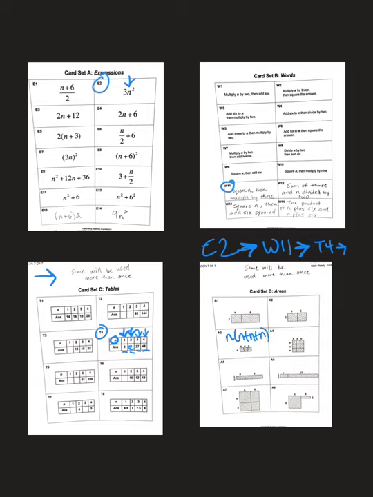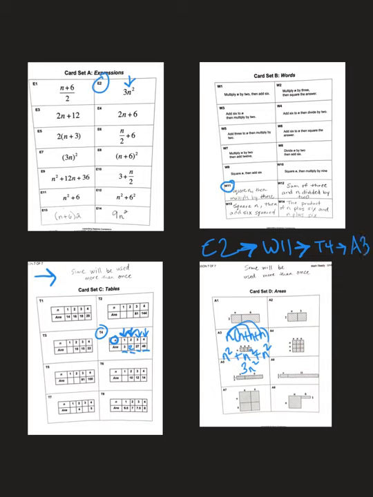Okay? Well, when you multiply, don't you get n squared? N times n is n squared, plus n times n is n squared, plus n times n is n squared. And remember, combine like terms to simplify. What is n squared plus n squared plus n squared? There's an understood one in front of each one, right? So 3n squared. So now I know that A3 is the area model that matches.